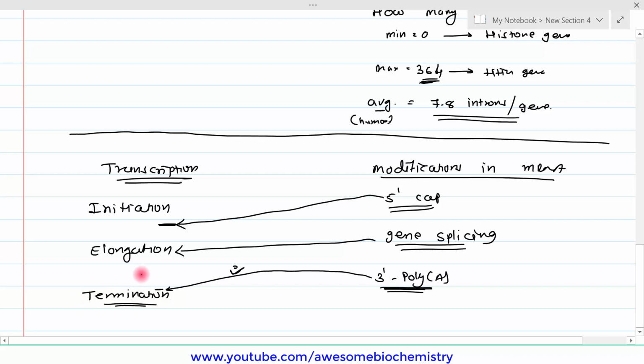But no, it's a very smart mechanism, and I explained this in one of my previous videos on poly A tail formation. You can visit that video to better understand that the 3' poly A tail occurs just before termination. Actually, termination and poly A tail formation occur simultaneously.